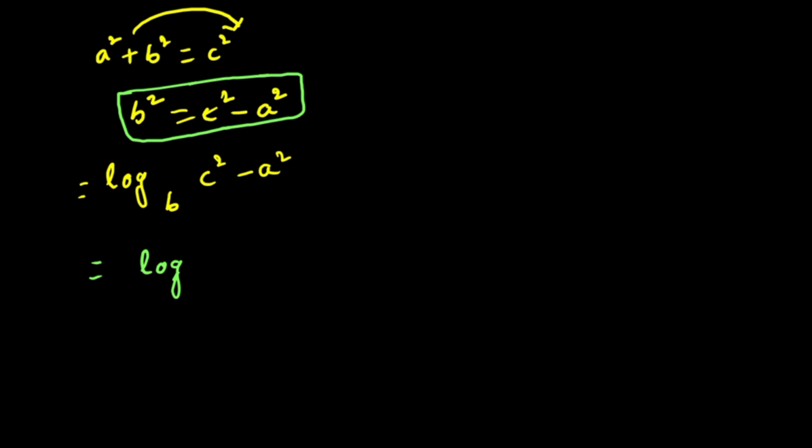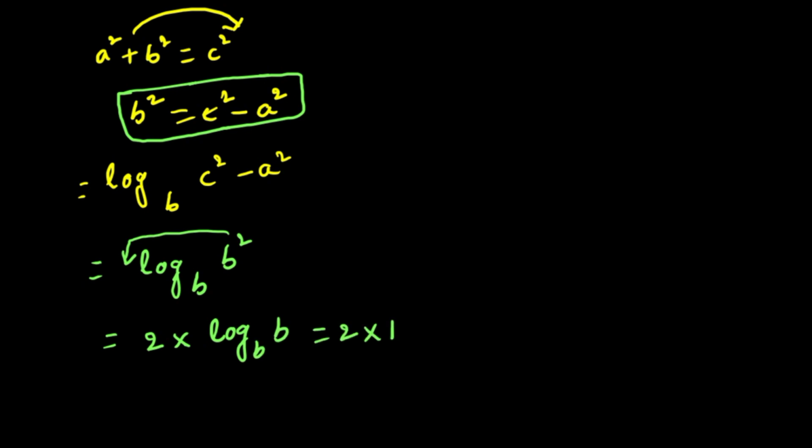So here I can write now log b square base b. Now you know these two we get here because log x power n base a equals n log x, correct? And we have 2 into log b base b, that is equal to 2 into 1, since log b base b is 1, then 2 ones are 2, correct? So it is the answer for this question.